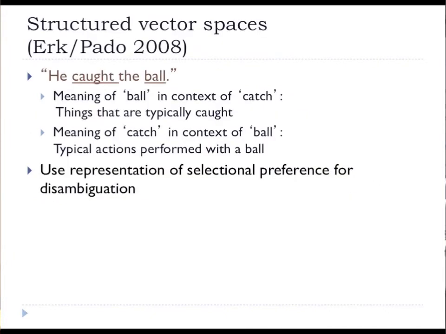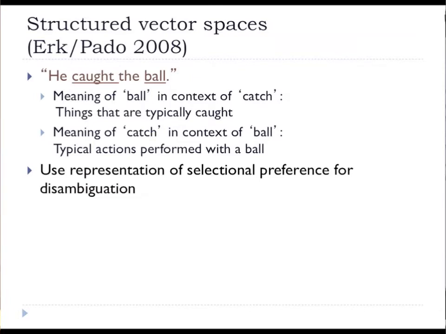There's one approach that I'll describe in a bit more detail here, which uses syntactic context only. If we look at the example of he caught the ball, what we did there was to say we want to compute the meaning of ball in the context of catch. So it's not the social event, it's the sphere sense of ball.